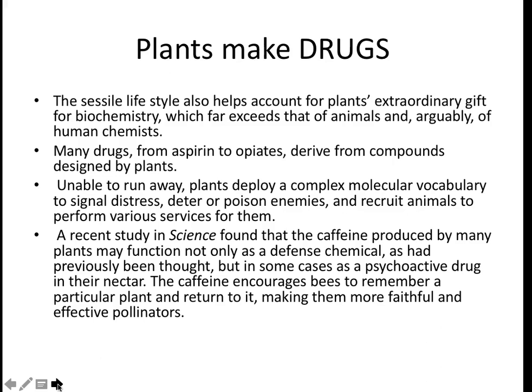Some plants can make cyanide. There is a whole list of plants that in minute amounts are very therapeutic medicinally and in very large amounts are incredible poisons. So things from aspirin to caffeine are all because of plants.